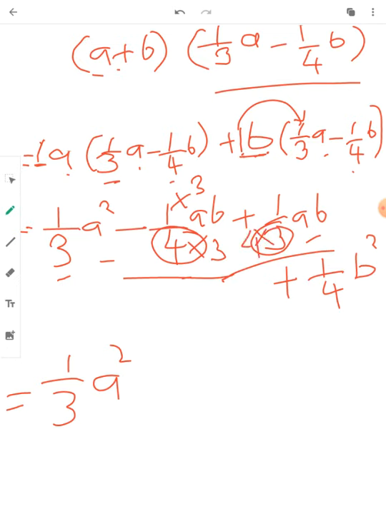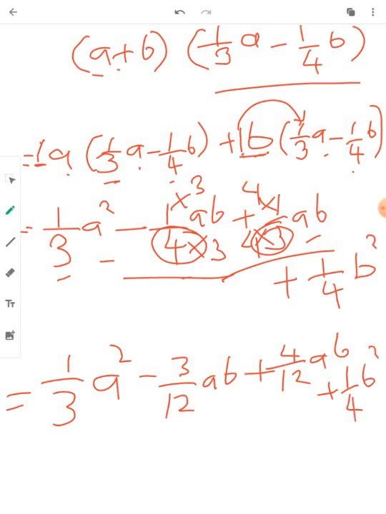If you multiply by 4, do the same thing for the top number, so you would get minus 3 over 12 ab plus 4 over 12 ab plus 1/4 b squared.